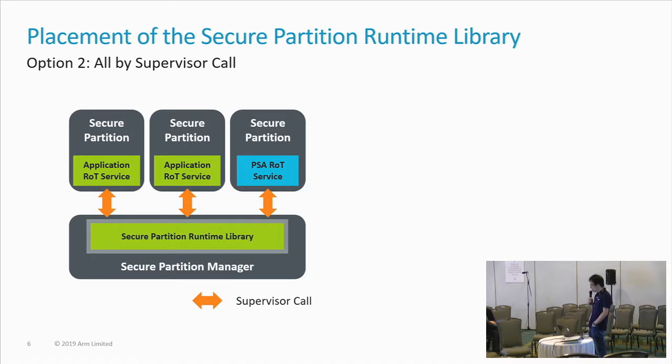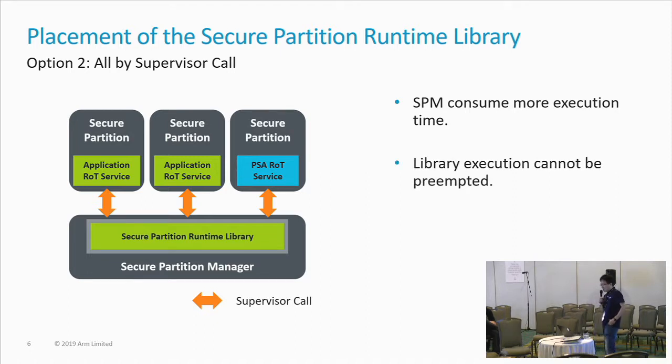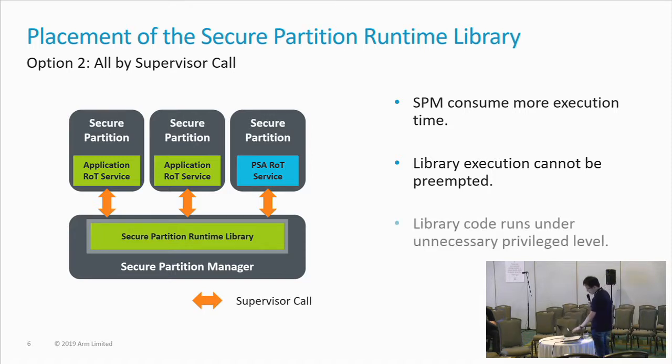In this method, the advantage is that only one shared runtime library is enough, which will reduce memory. But it also has some shortcomings. The first one is that the SPM will need more execution time, which will increase the load of the system. Second, the runtime library execution cannot be preempted. And thirdly, the runtime library code runs in the unnecessary privilege mode.